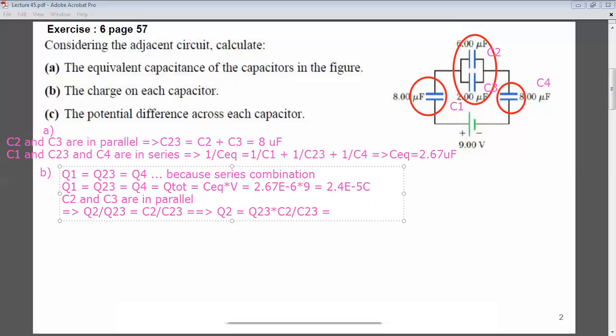What is Q23? It is this value, so it is 2.4 e to the minus 5 times C2, which is 6 e to the minus 6, divided by C23. C23 is here, it is 8 micro, so 8 e to the minus 6. This gives C2 equal 1.8 e to the minus 5.